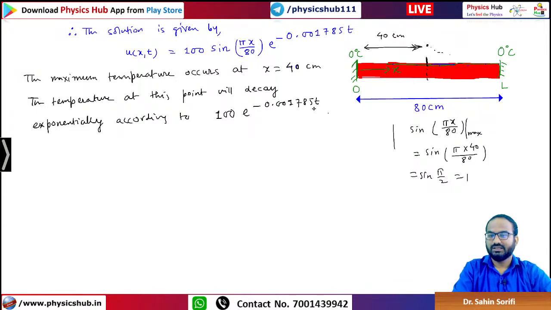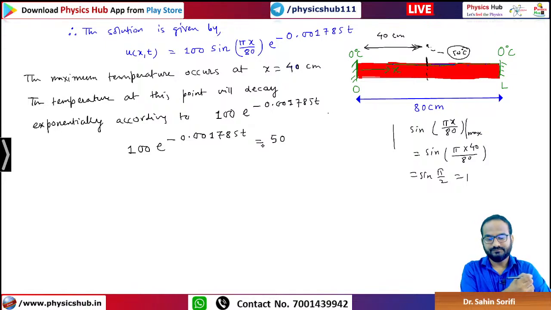Now to find t when the maximum temperature reduces to 50 degrees centigrade, let's say at time t the maximum temperature reduces to 50 degrees centigrade, so this will be 50. x equals to 40 centimeter, because the total length is 80 centimeters, so x equals to 40, then only it will become pi by 2, right?